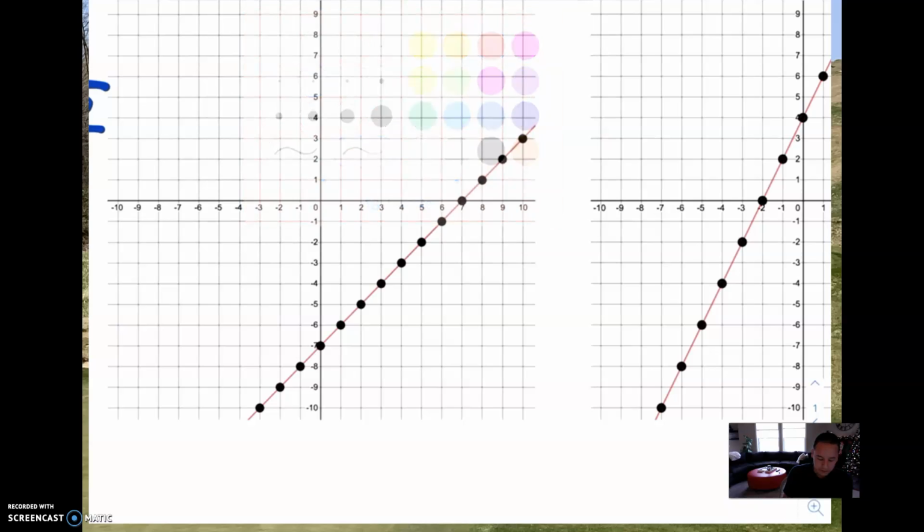Next one over. First thing we're going to identify is the y-intercept. And here's my y-intercept right down here, down at negative 7. So my y-intercept is at negative 7. Now the slope, as you go from left to right, let's just pick the next point over, it goes up by 1 and over by 1.